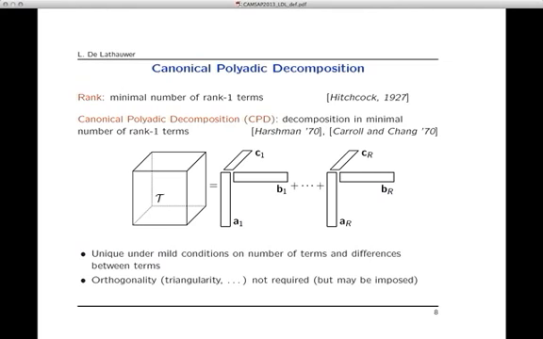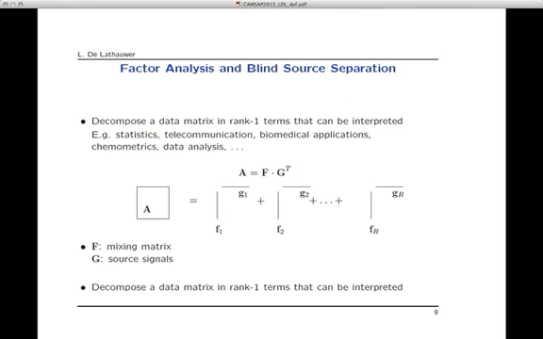In the setting of signal separation, these terms would be interpreted as distinct contributions to your data set. So this is the classical matrix formulation of the problem. You have a data matrix A, and you want to decompose it into a sum of rank 1 matrices, let's say.